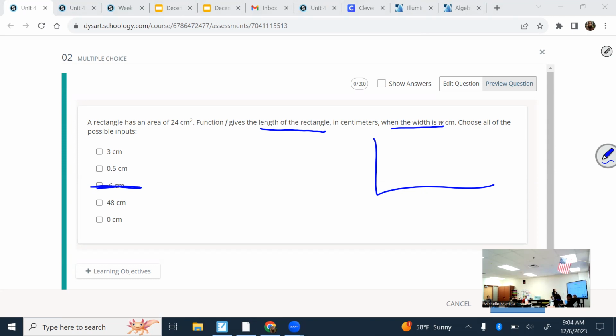But then also see this limitation. If my area is 24 centimeters squared, how do you find the area of a rectangle, by the way? Area of a rectangle is length times width.